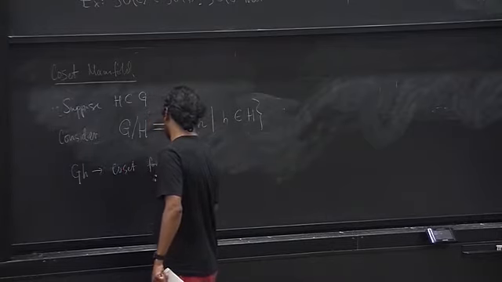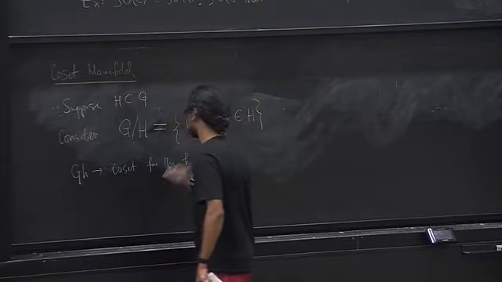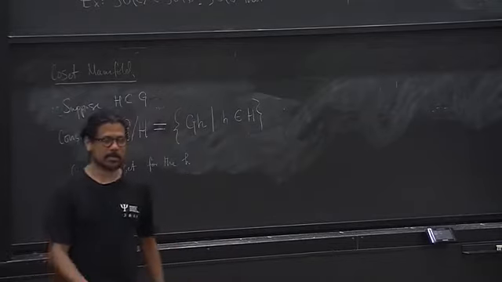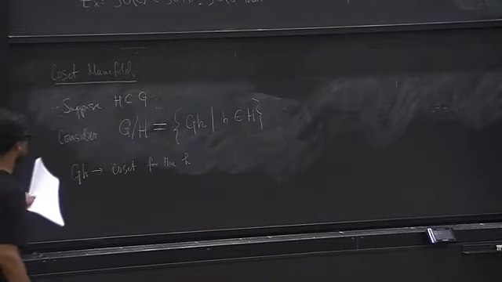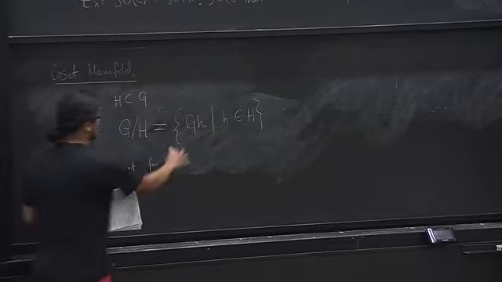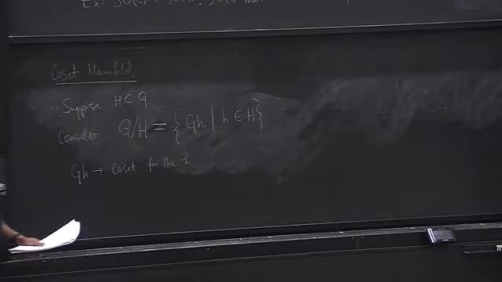As you say, when I'm constructing the coset, the g's I have to consider are in the complement of H. You're right. I'm just saying this is a shorthand notation.